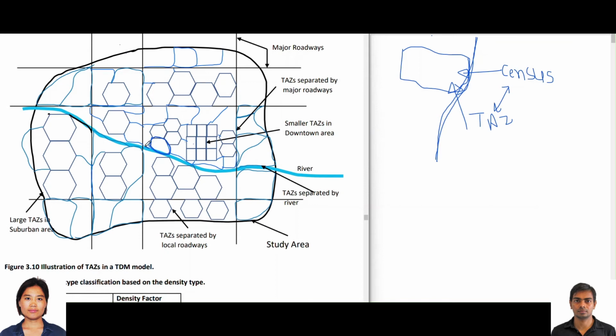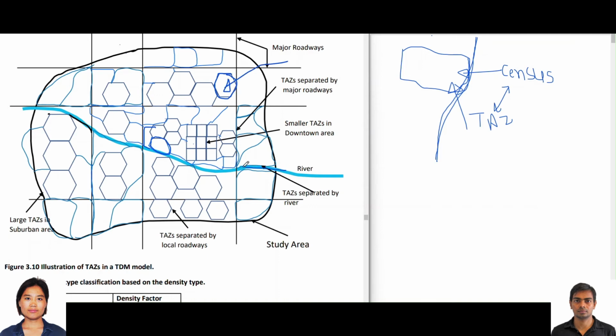So TAZ boundaries are cut off at the river, and usually I have drawn a hexagon, but they don't need to be a hexagon. They can be any shape. Usually they are very weird shapes. These are usually census tracts, and we carry them forward to TAZs.